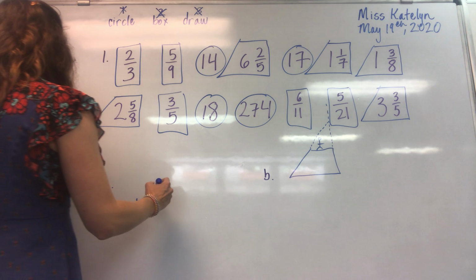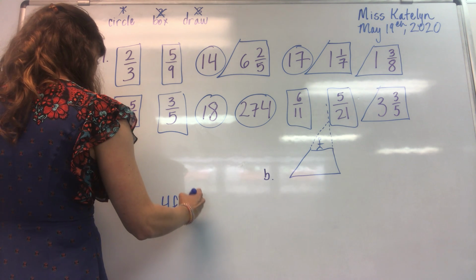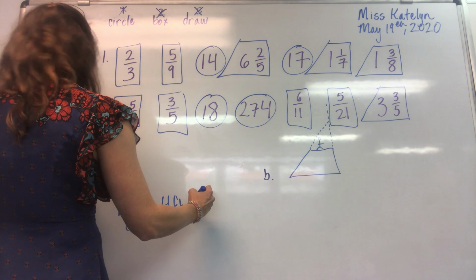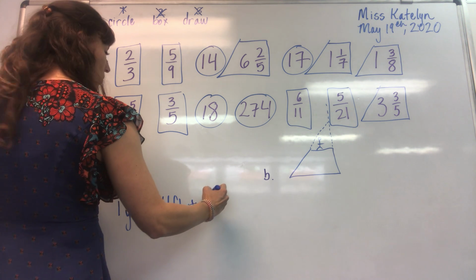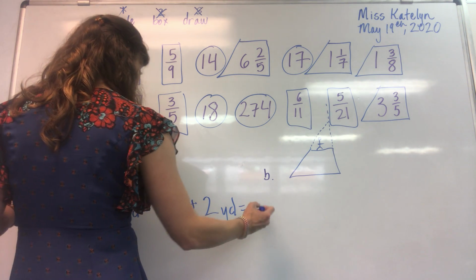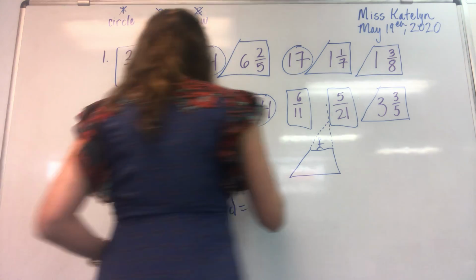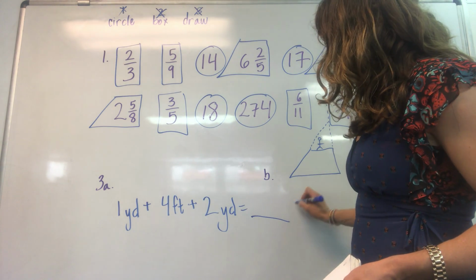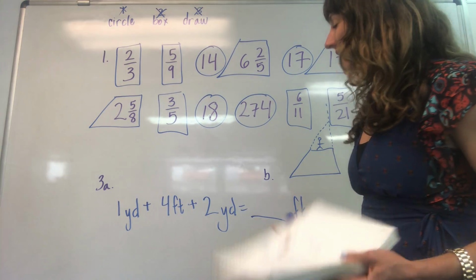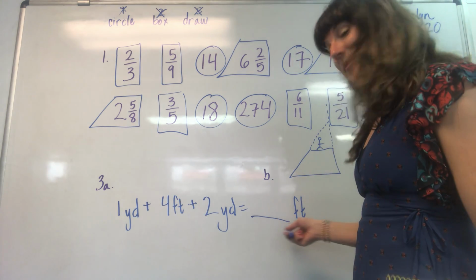Add Anne, 4 feet. Add Denise, 2 yards. And then the final question states, how many feet did they knit all together? So they want to know feet. 1 yard plus 4 feet plus 2 yards equals how many feet?